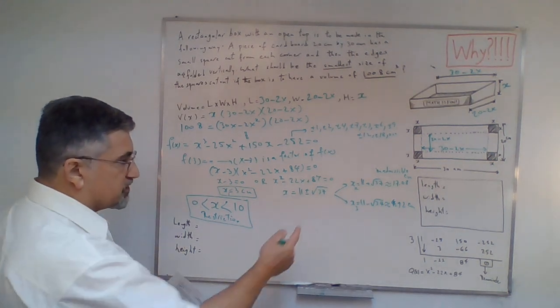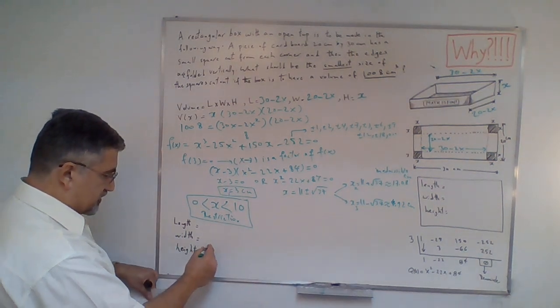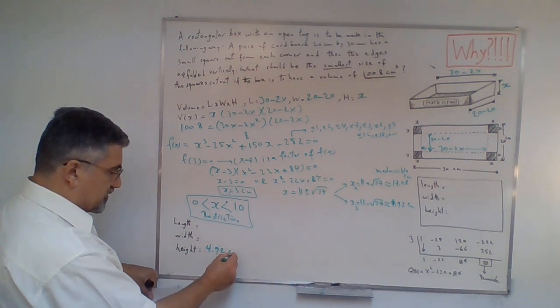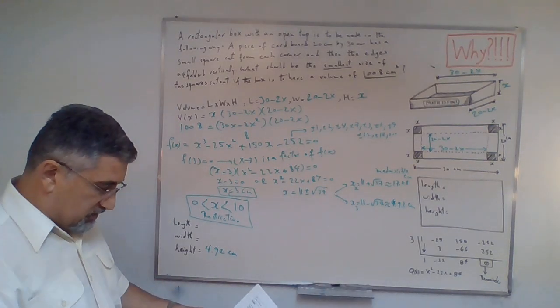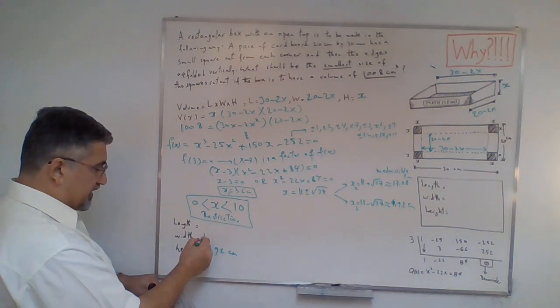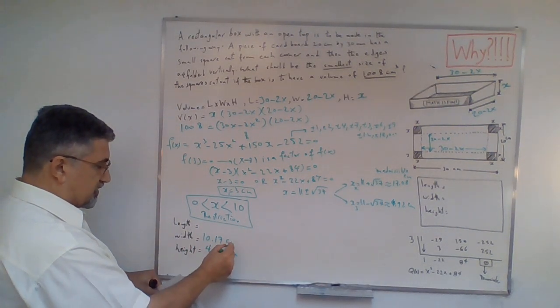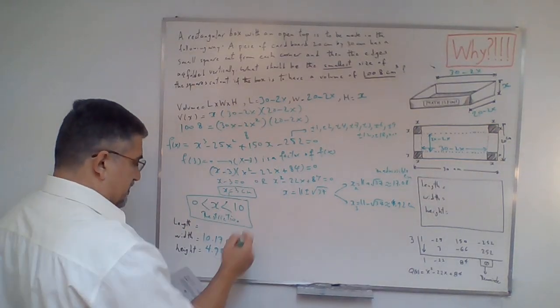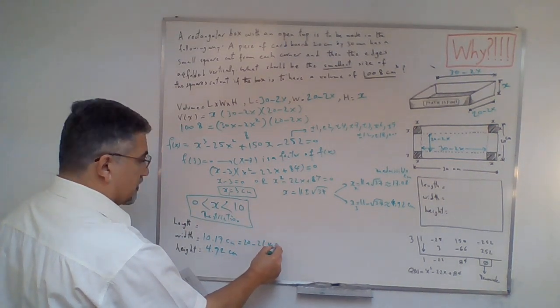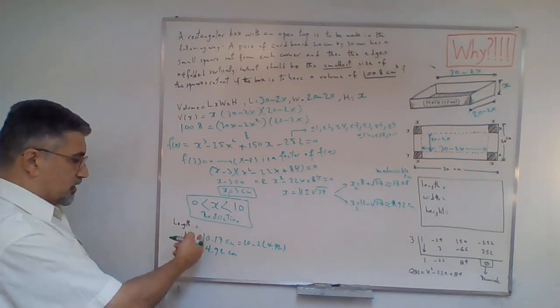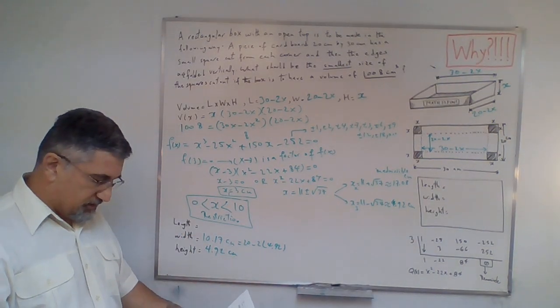So if x is 4.92, so the height is 4.92 centimeters, then the width would be 20 minus 2x. Using a calculator, it will be 10.17 centimeters, because you plug in 20 minus 2 times 4.92. So it gives you 10.17.